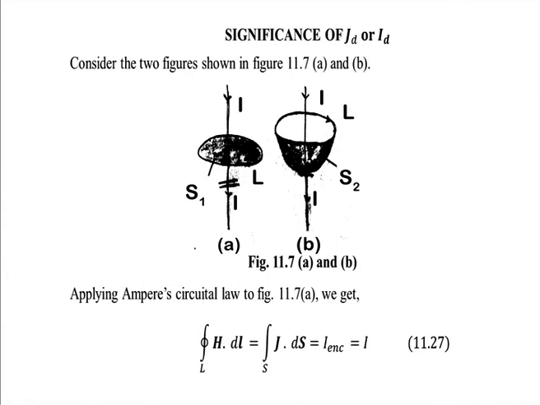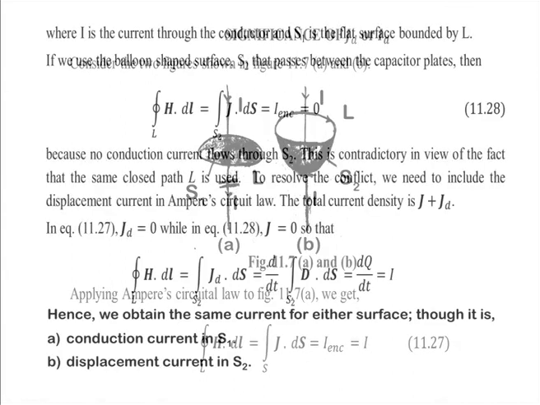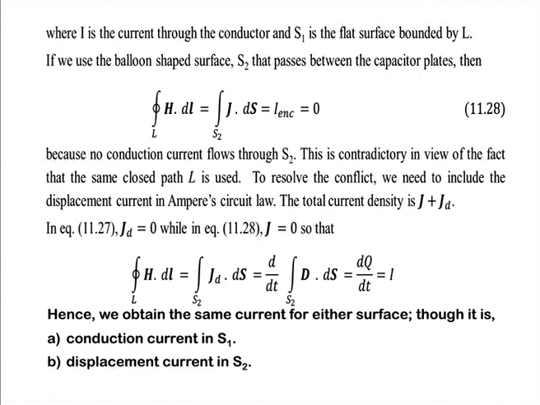If we apply Ampere's circuital law to 11.7a, we get H dot dl is equal to I enclosed is equal to I, where I is the current through the conductor and S1 is the flat surface bounded by L. If we use the balloon shaped surface S2 that passes between the capacitor plates in figure b, then H dot dl would be equal to I enclosed, which would be equal to 0, because no conduction current flows through the capacitor. This is contradictory to the fact that the same closed path L is being used.